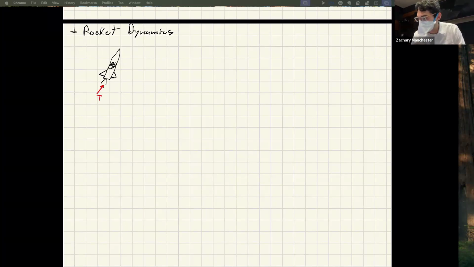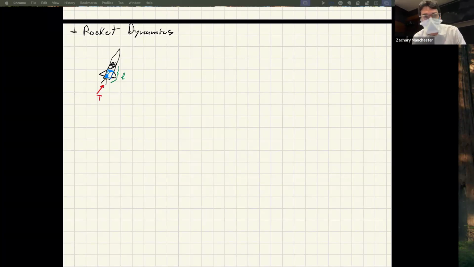And then you've got this length between the center of mass and the engine, which we'll call L. And then inside the rocket, you also have a bunch of fuel and it sloshes around a bunch. So a standard model for this is having a pendulum inside the rocket to model that fluid sloshing around.